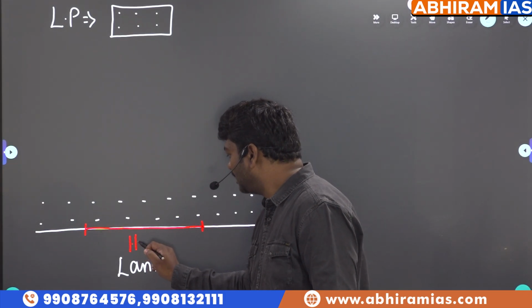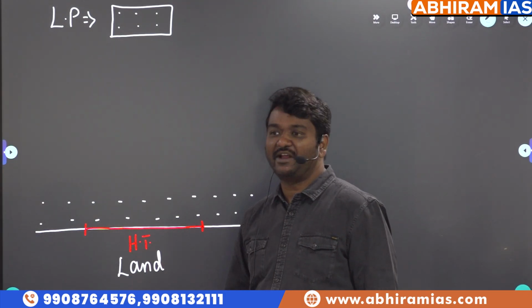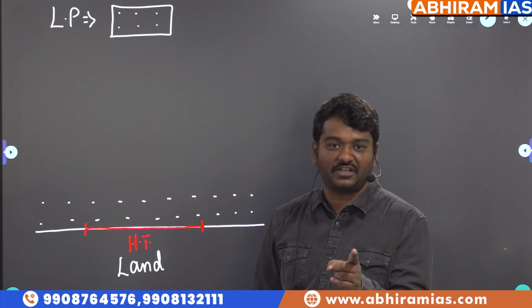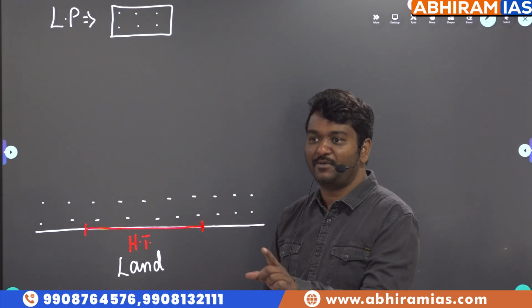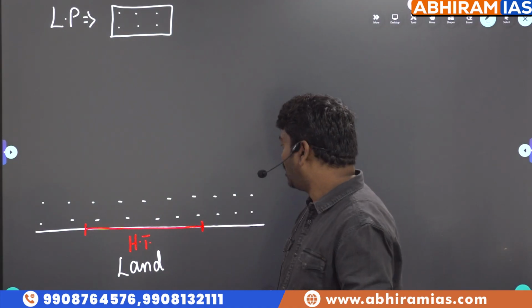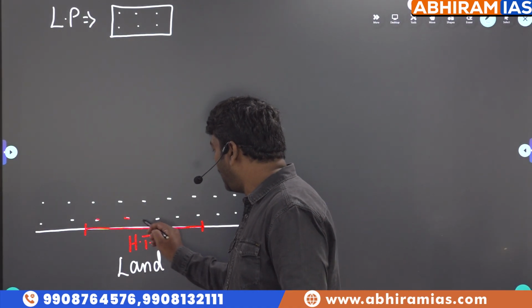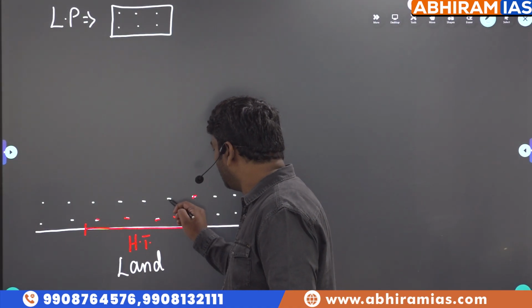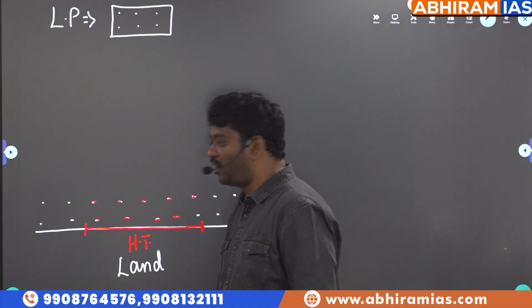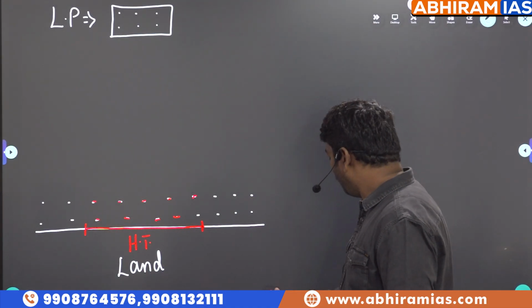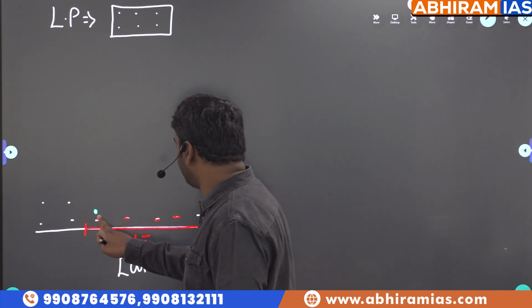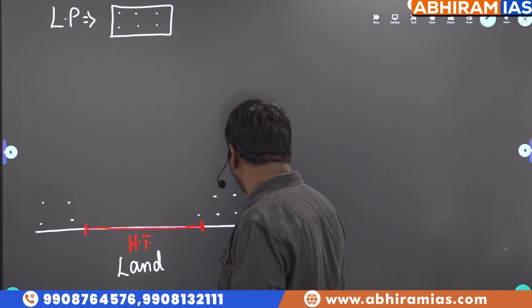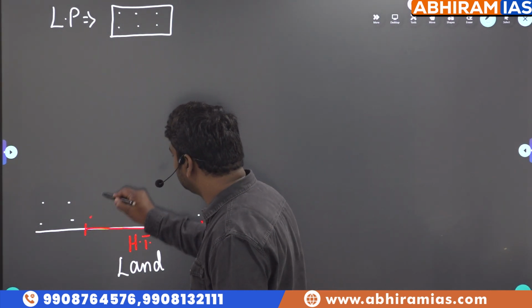Please understand, I am not talking about air temperature, I am talking about land surface temperature. Land has become hot. When land becomes hot, air above the land will also become hot. What will happen to the hot air? Will it be there only or will it rise? Rise.